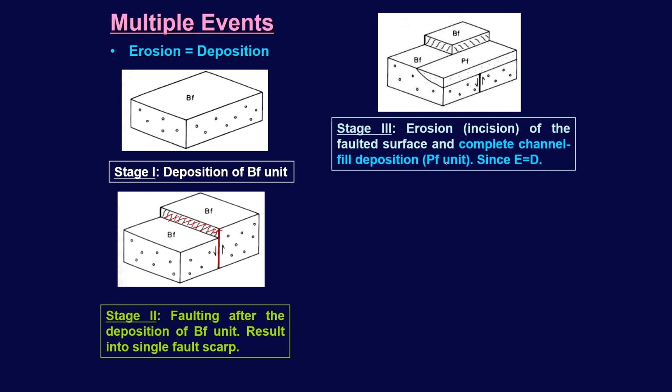Then how does it look like. Okay. So this was the channel which eroded, and again this was the deposition. Okay. So erosion is equal to deposition, but since there was a displacement of BF, this portion will be left out, and this is your terrace riser and this is your fault scarp.